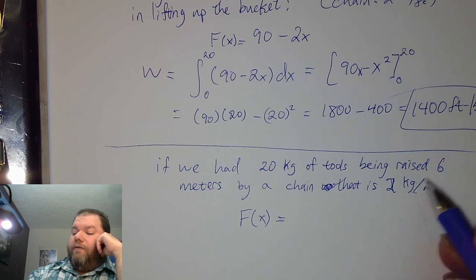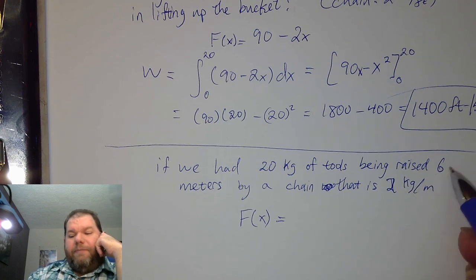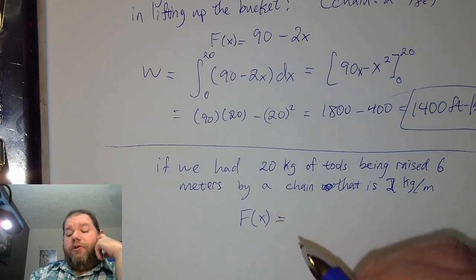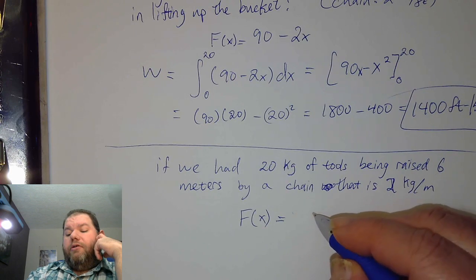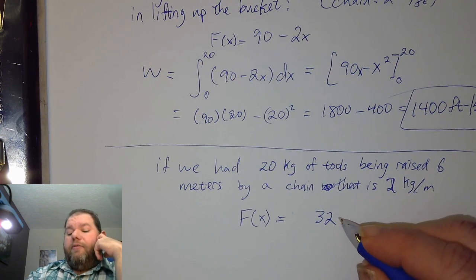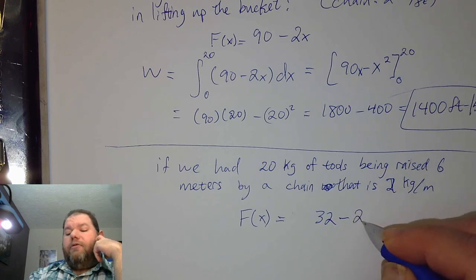So we have 12 total kilograms of chain plus the 20, so we start off with 32 kilograms, and that is being decreased by 2 kilograms every meter.